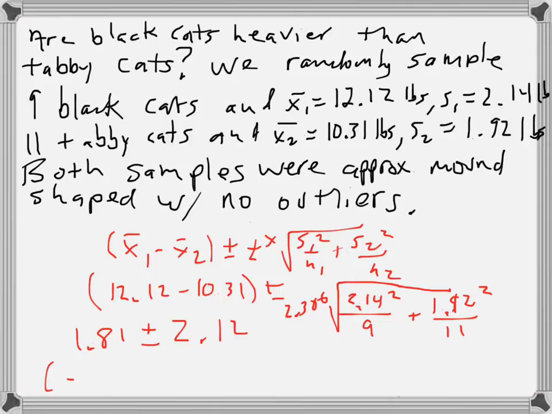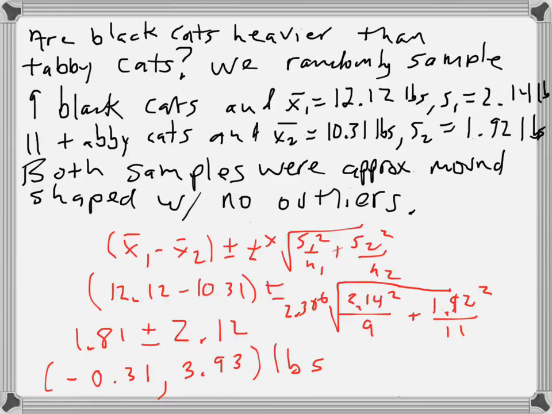So if I take that away, on the low side, negative 0.31, and on the high side, 3.93 pounds. Don't forget our units. So that's my confidence interval.